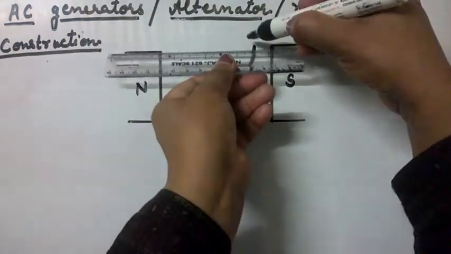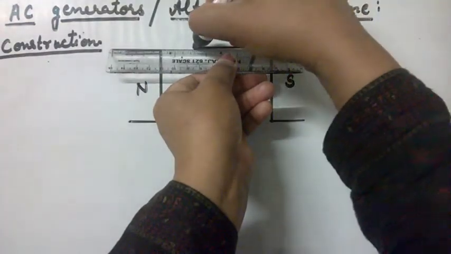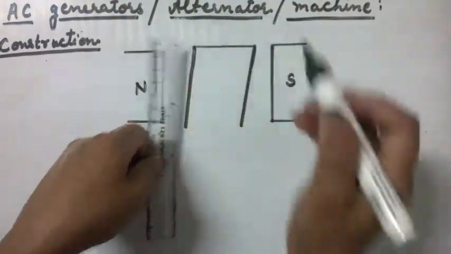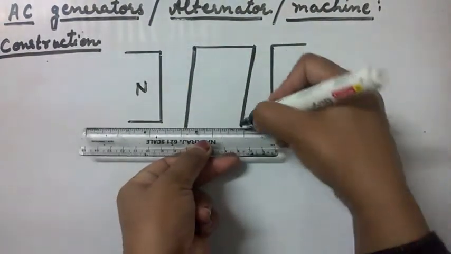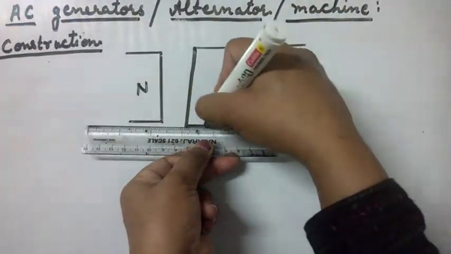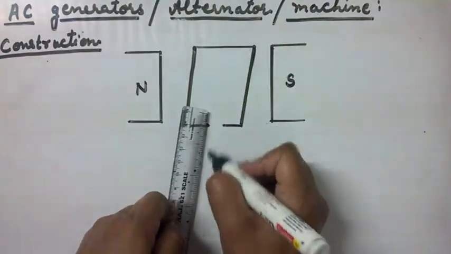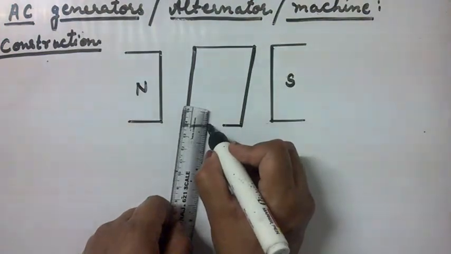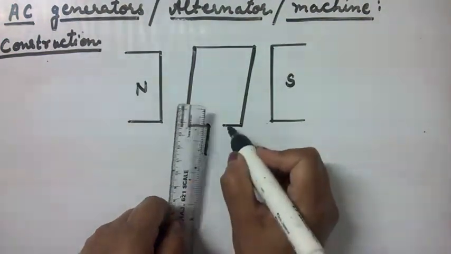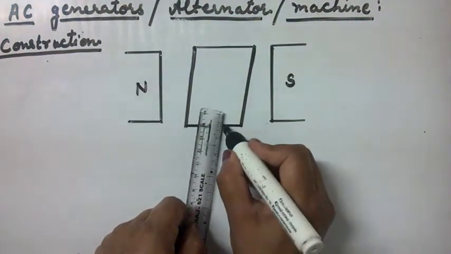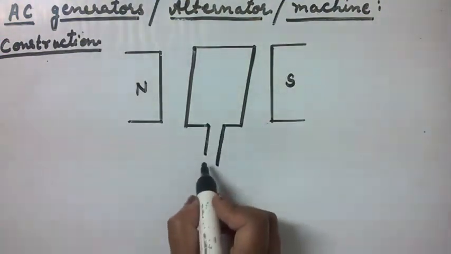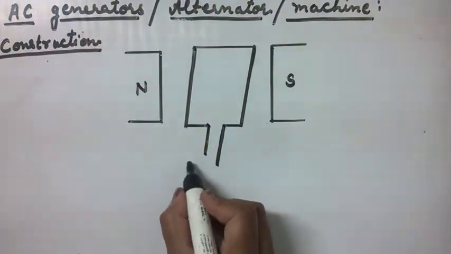Here for simplicity we are taking only one turn of a coil. The ends of the coil are connected with a load through which we wish to supply AC current, and these ends are connected with slip rings.